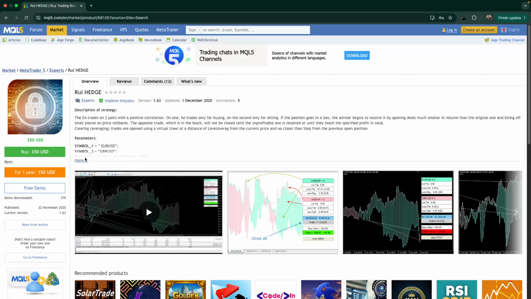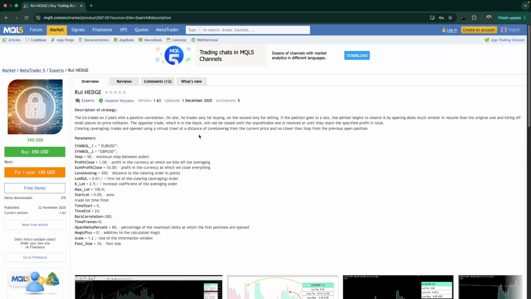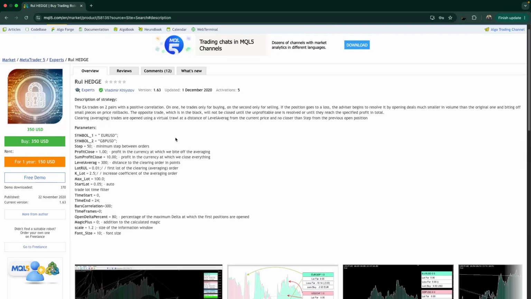And now, talking about the mechanism and the strategy behind the Rul Hedge, it trades on two pairs with positive correlation. Like I said, on one pair it only buys, on the other pair it only sells. So when one position goes into loss, it starts opening smaller volume clearing trades to bite off small profits during rollbacks. The profitable opposite trade stays open until the losing side is resolved or the combined basket hits the total profit target.